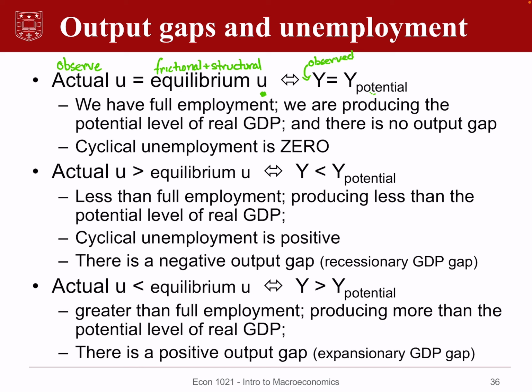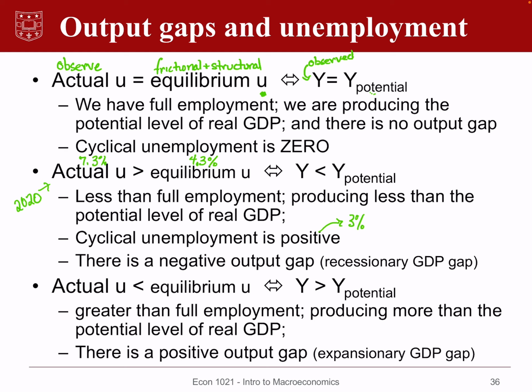This would be an example now. So, like in 2020, currently, we observe an actual unemployment rate, say, of 7.3%. The estimate for full employment would be that we would have full employment with an unemployment rate of 4.3%. And so cyclical unemployment is positive, and we would say 3% of the people who are unemployed is attributable to cyclical unemployment.